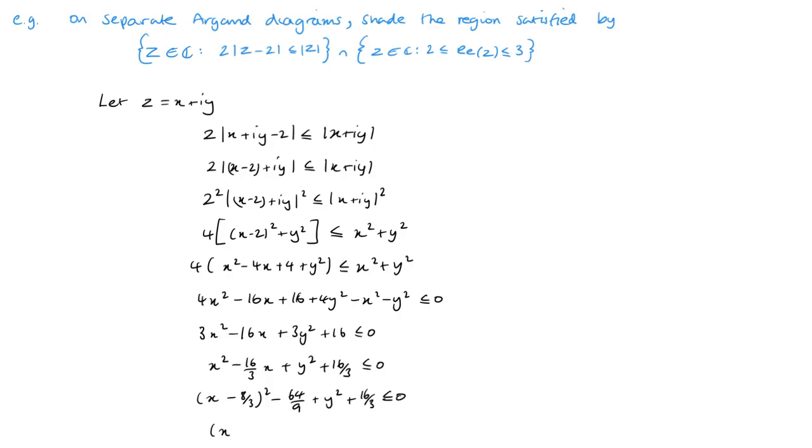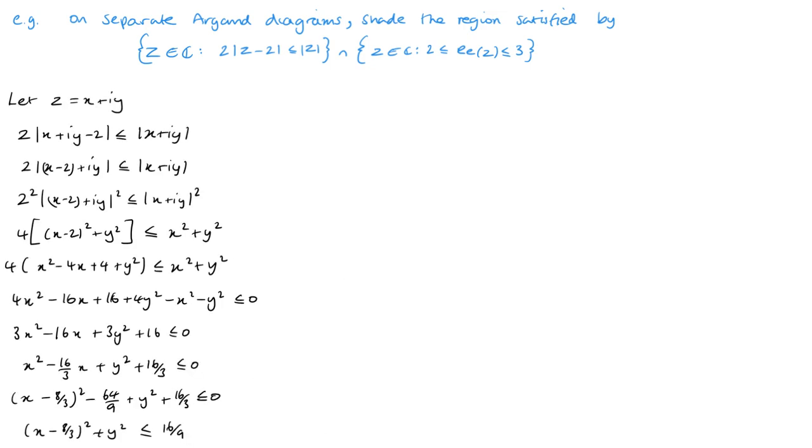And I get (x - 8/3)² + y² ≤ 16/9. So this describes a circle, or the region shaded in the circle. The circle has center (8/3, 0) and radius 4/3.